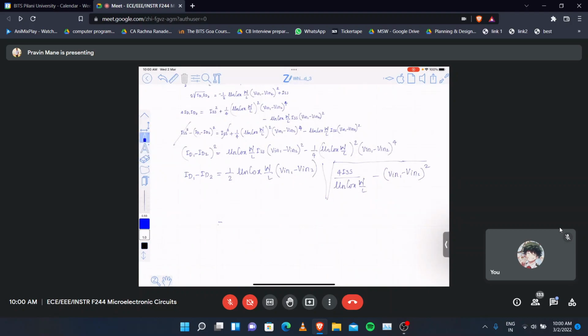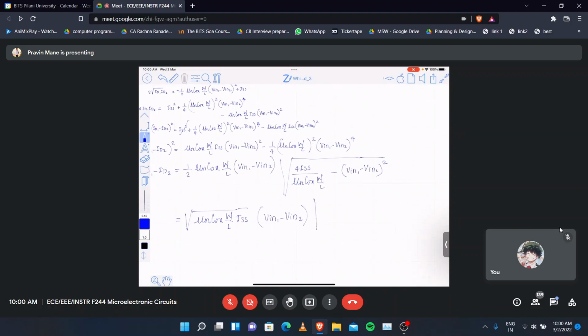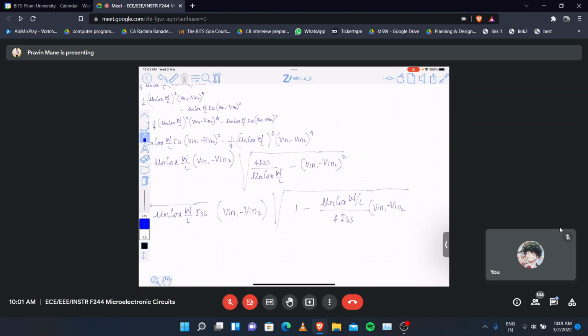We also wrote this expression in this format: ID1 minus ID2 equals square root of mu n Cox W by L times ISS, times (Vin1 minus Vin2), times square root of 1 minus mu n Cox W by L upon 4 ISS times (Vin1 minus Vin2) whole square.